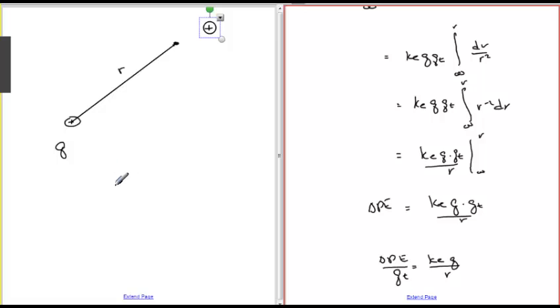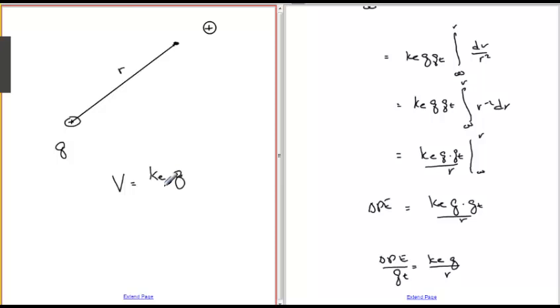So in your book, they say the voltage at any point around this positively charged particle is Coulomb's constant times the value of the charge divided by the distance.